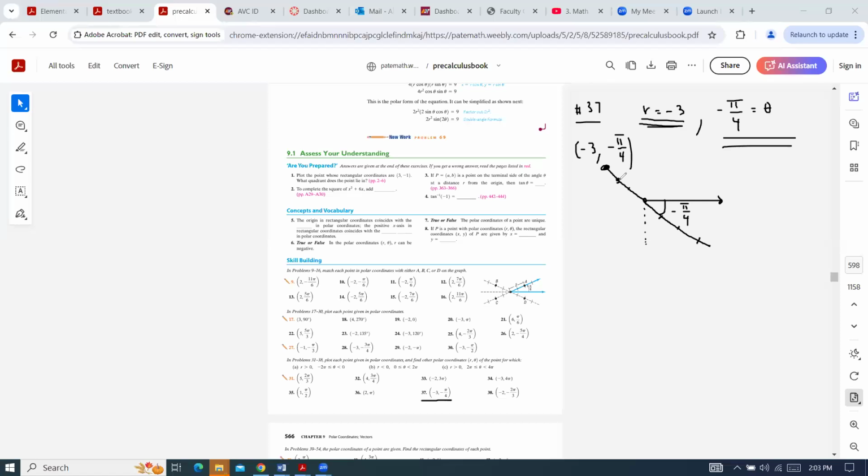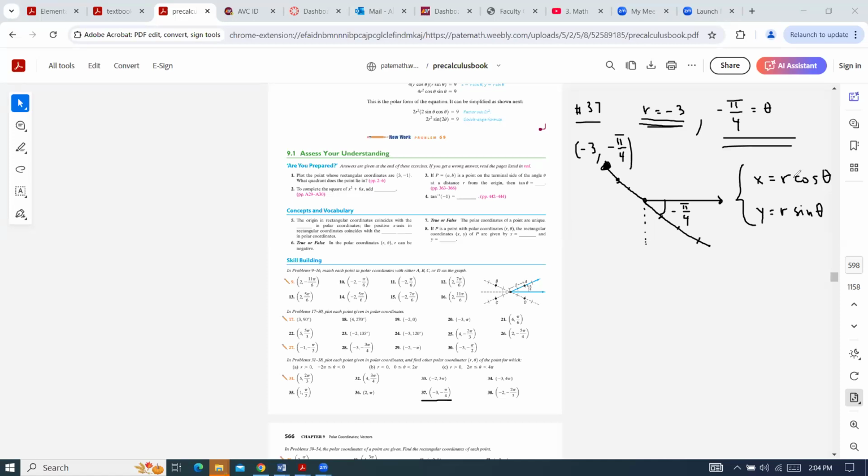Let me make some more pictures. They wanted us to plot the point. I did. I plotted the point. It is right there. If you want the corresponding x and y coordinates, that's not what the problem says, but you can always convert using the standard r cosine theta for x and r sine theta for y, which is good to be aware of, because sometimes you need that.